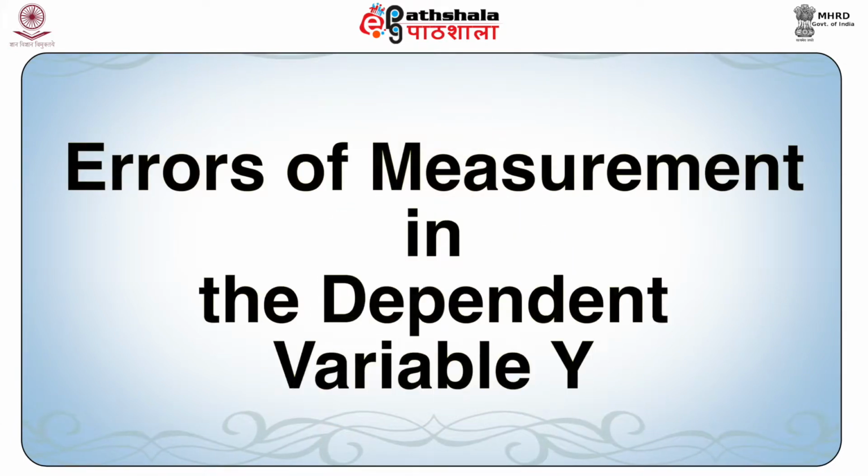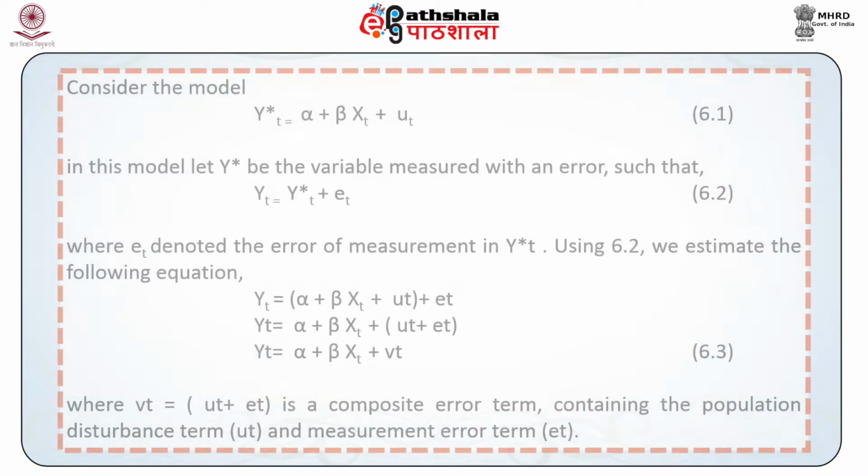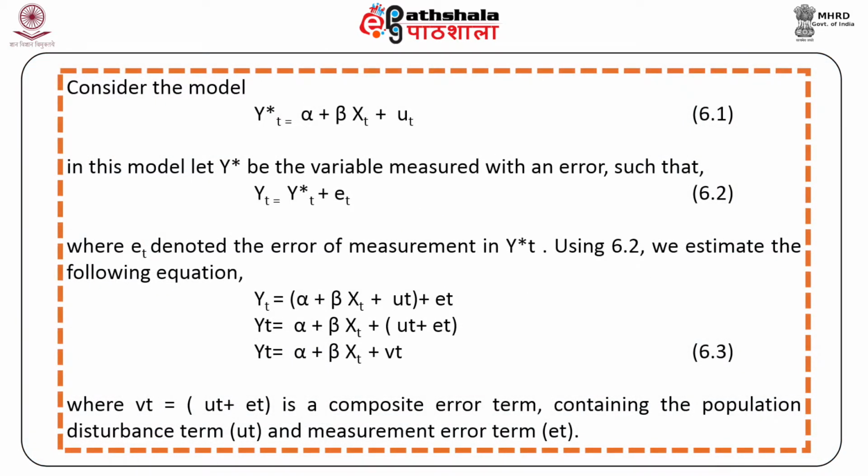Errors of measurement in the dependent variable y. Consider the model y_t star is equal to alpha plus beta x_t plus mu_t. In this model, let y star be the variable measured with an error such that y_t is equal to y_t star plus e_t, where e_t denotes the error of measurement in y_t star.